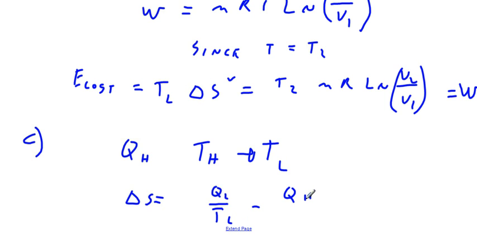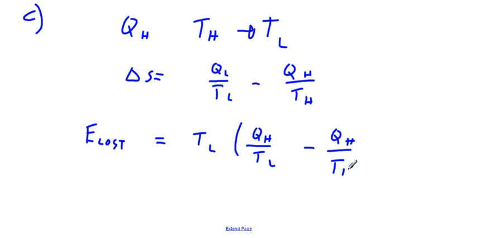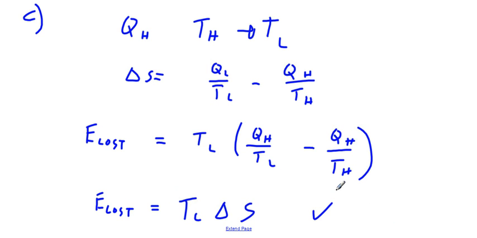And the energy loss is going to be T_L times Q over T_L minus Q over T_H, which is the Carnot efficiency of the work, and energy loss is T_L delta S. Okay, another one done. Thus ends chapter 20.